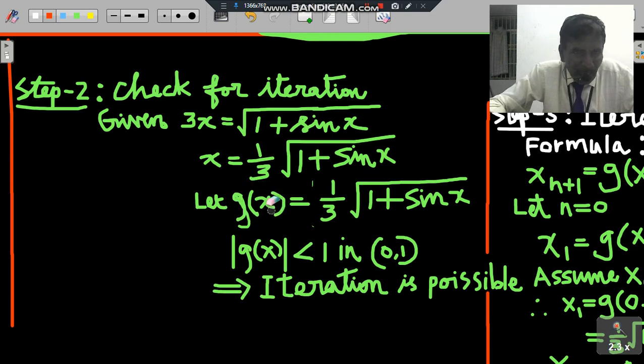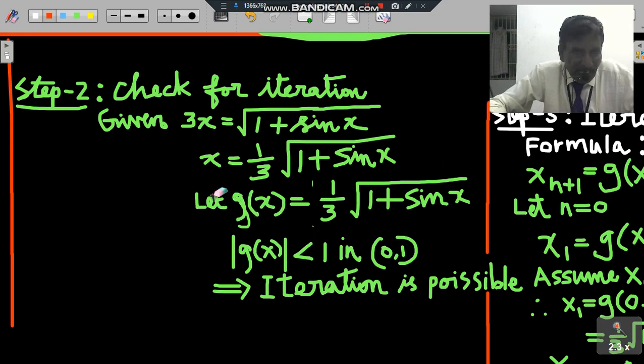So g of x can be written as 1 by 3 into square root of 1 plus sine x. Now what does g do on x? That is, 1 by 3 is multiplied by the square root of 1 plus sine x. This function you should know.